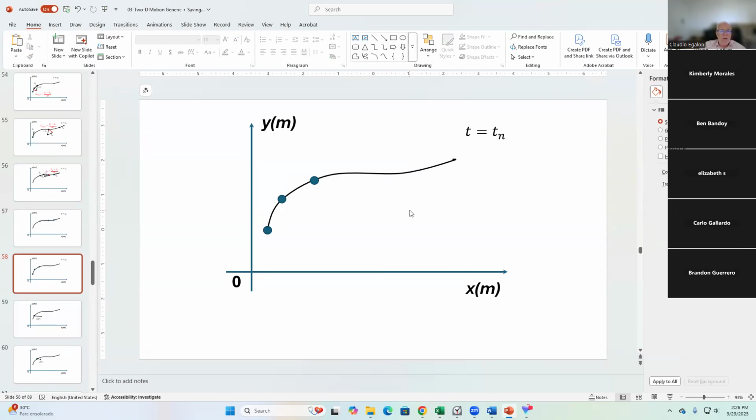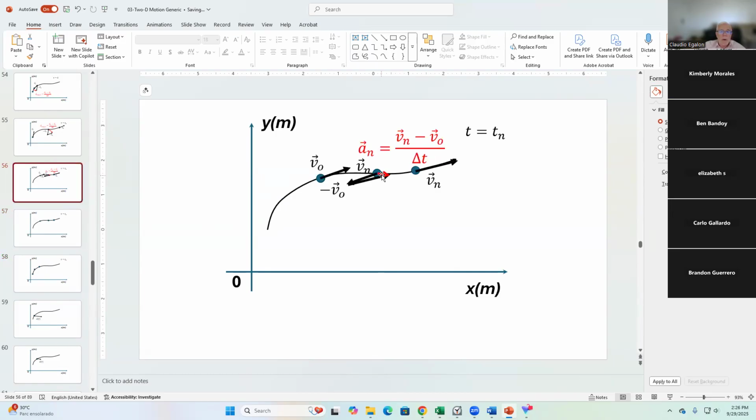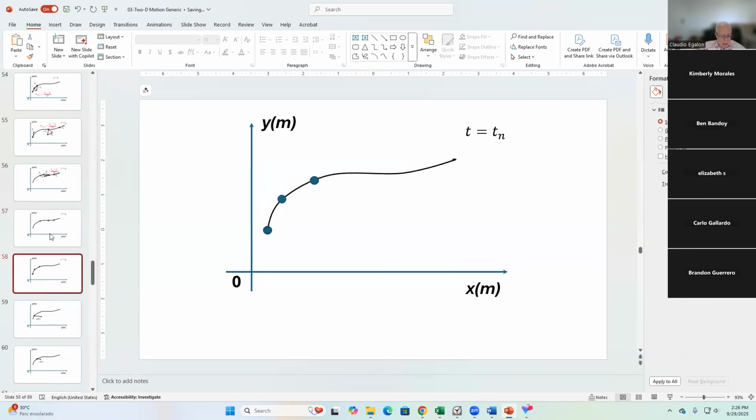We are going to find out that the instantaneous acceleration vector is going to be pointing towards the center of the concavity. Towards the center of the concavity. It can be in either this direction, or this direction. What cannot be is in this direction, because it's not towards the center of concavity. This one is away from the center of the concavity. Do you get the idea? Okay, the acceleration vector is going to look just like that.